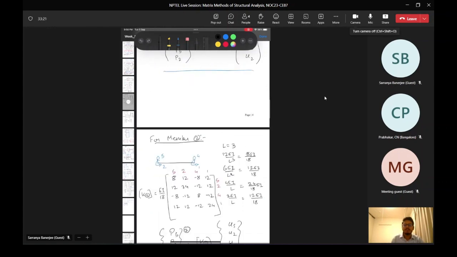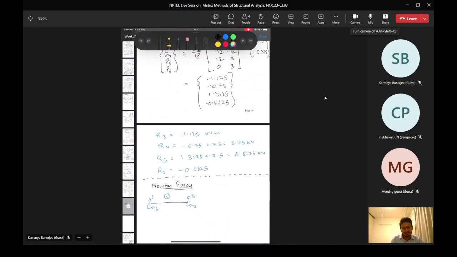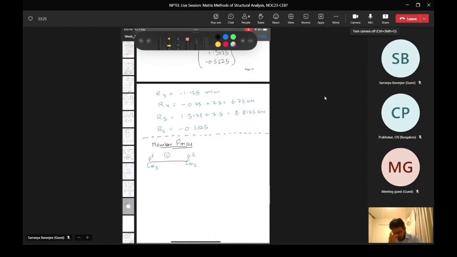So we can use the deflection vector to find the different member forces. Say this is Q6 1 for member 1, Q3 1, Q5 1, Q2 1.